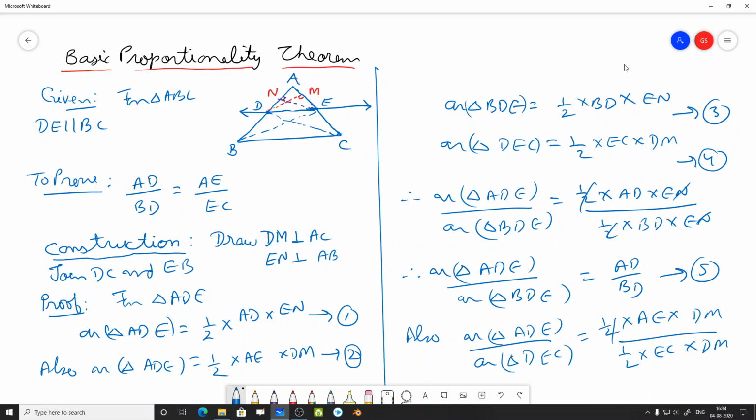Here also half and half will be cancelled out, DM and DM cancel out. What we will get is equal to AE over EC, and let this be equation number 6th one.